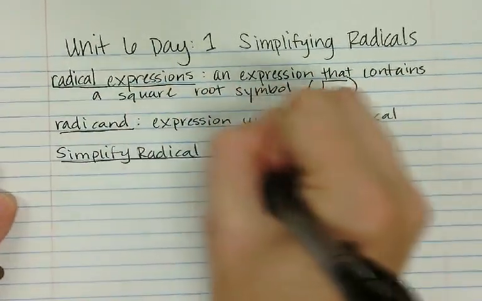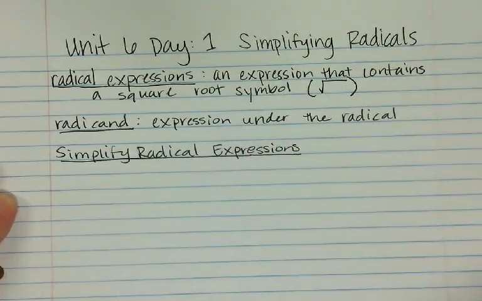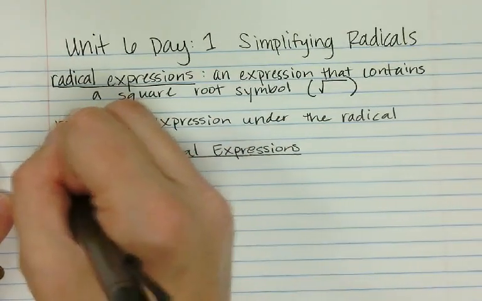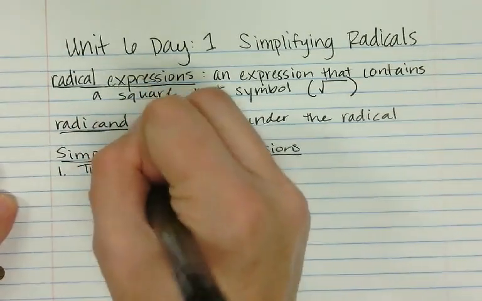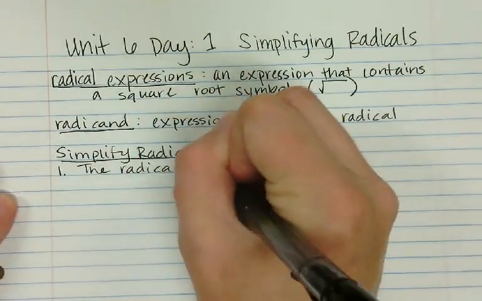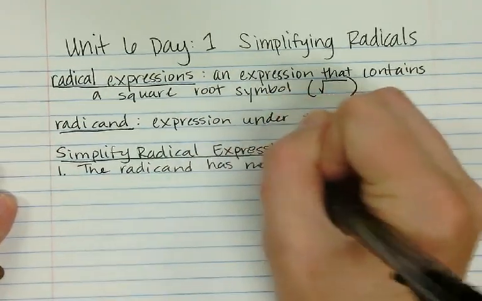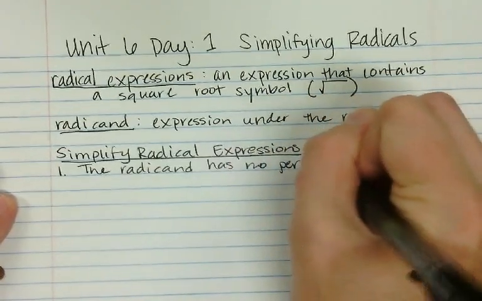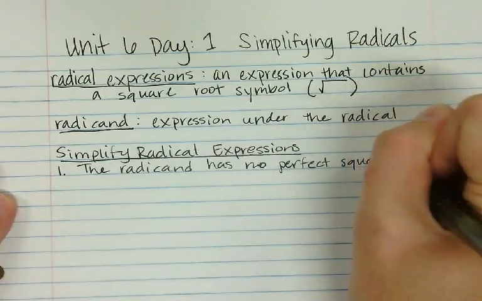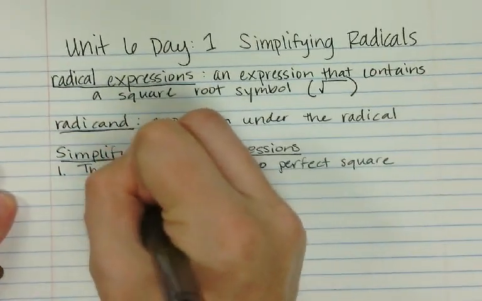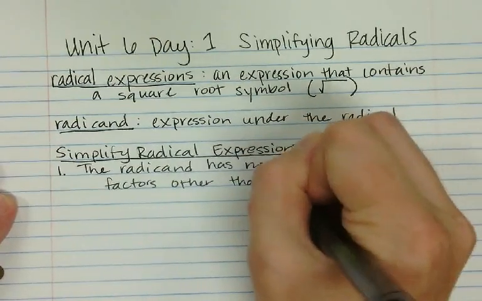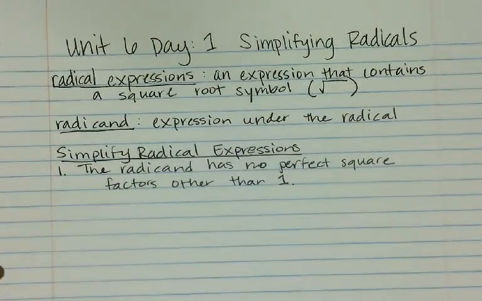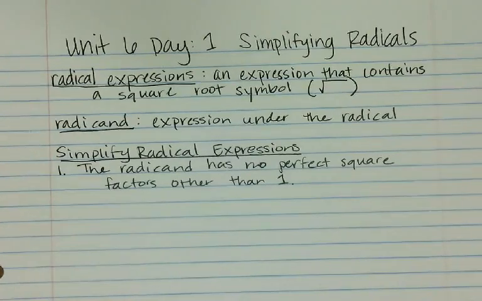The first rule is that the radicand, the number under the radical, has no perfect square factors other than 1. So guys, a radicand has no perfect square factors other than 1.